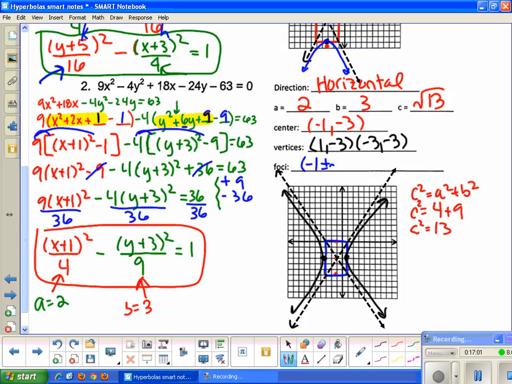So -1 plus or minus root 13, comma, -3 are going to give me my focal points, which when I do that end up being around here, somewhere in the middle, and I think it's somewhere right here. It's hard to tell in this graph because it's hard to graph without pencil. Okay, so that's everything we need for that graph.